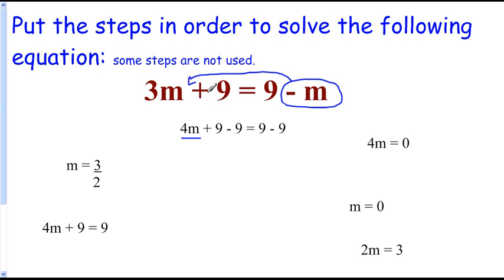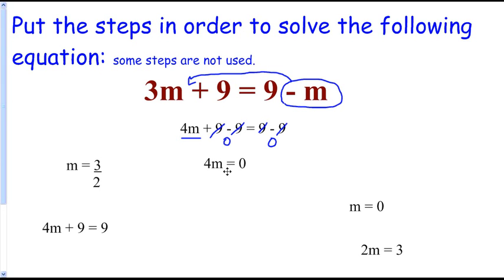Then we need to get rid of the 9, so we do 9 minus 9, but whatever we do to that side, we have to do to the other side. So we have 9 here minus 9. So then we end up, if we cross these ones out, because that will give us 0, and here we'll get 0 as well. So the next step should be 4m is equal to 0. So that's the next step there.